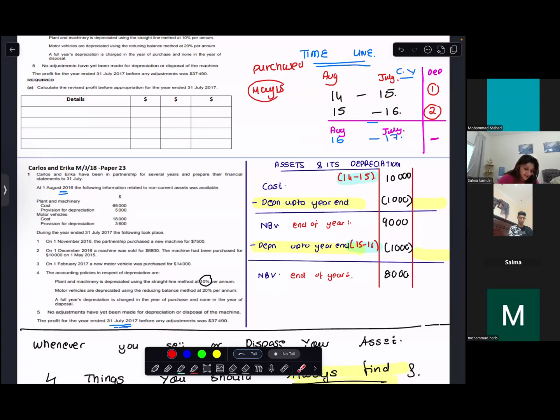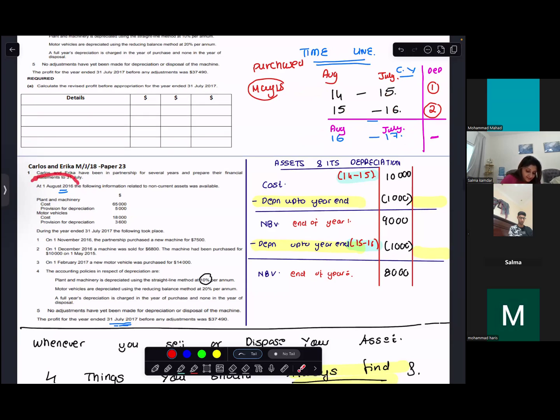This is the thing that I did. When is my year starting? 1st August 2016. When is my year ending? 31st July 2017. So the year is starting on 1st August, ending on 31st July. When is the asset getting sold? 1st December. Oh, okay.